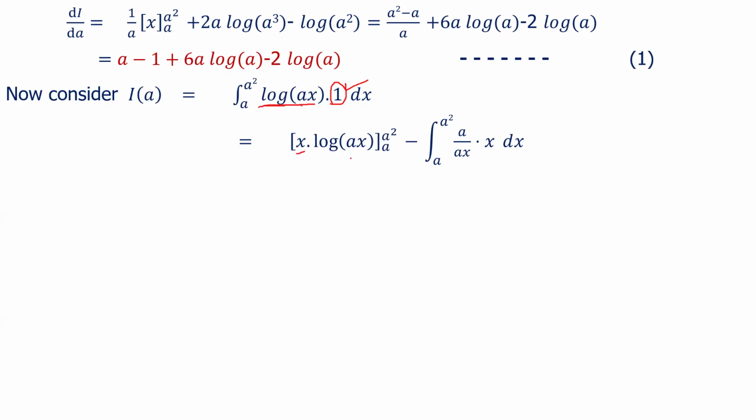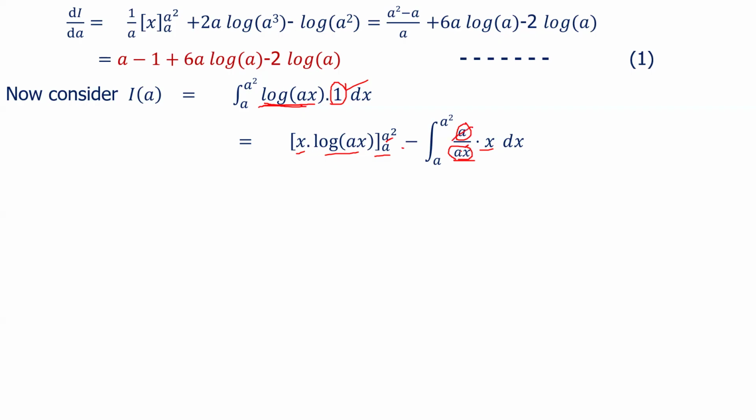Then log ax under the limit a to a square, minus the derivative of log ax, which is 1 upon ax, again derivative of ax with respect to x, this is nothing but 1 upon ax into a, and then integration of 1 is x dx.